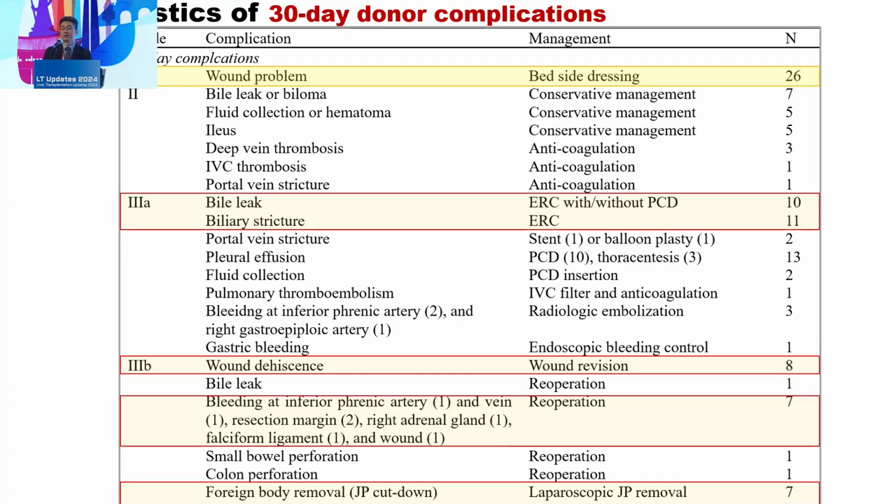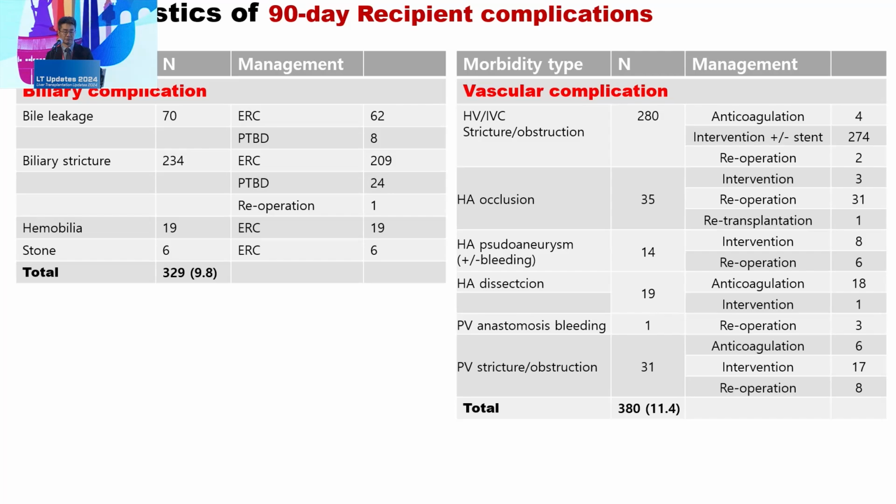For the complications of living donors, we report all types of donor complications. This data includes the Clavien-Dindo grade, the types of complication, its management, and its number. However, we present the recipient complications as biliary complications and vascular complications, because these complications are strongly associated with the graft characteristics of the living donor and the surgical procedure, including the reconstruction technique.